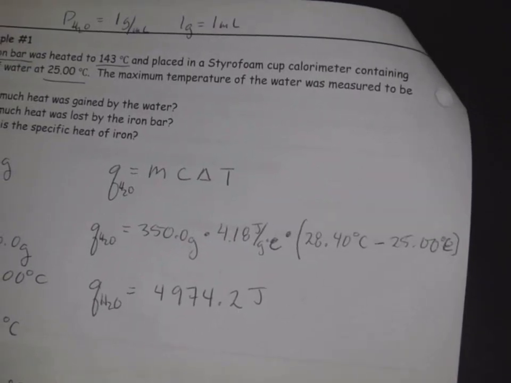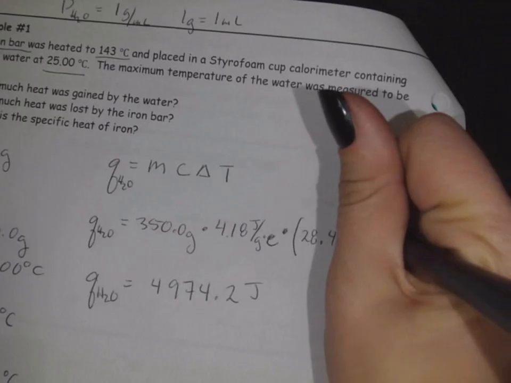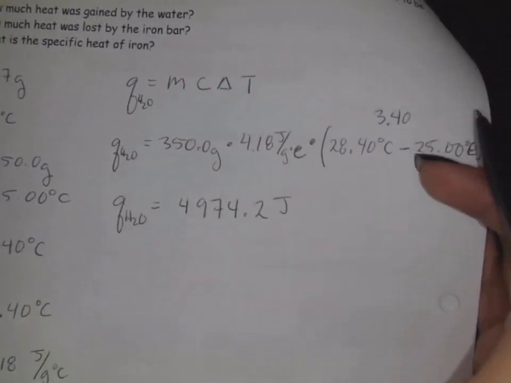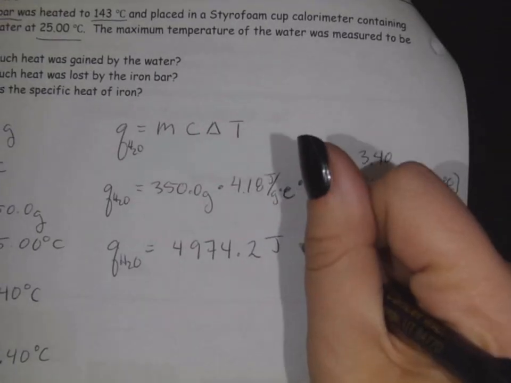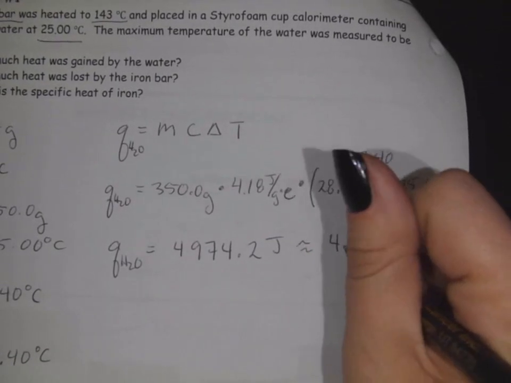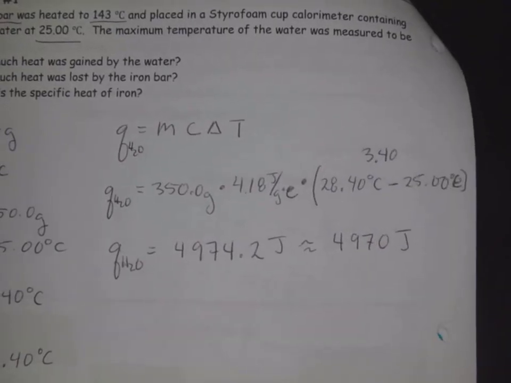So 28.40 minus 25.400, when I subtracted those, 3.40. So that's 3 sig figs. So if this was my final answer, I'd round it to 3, so 4,970 joules. Great.